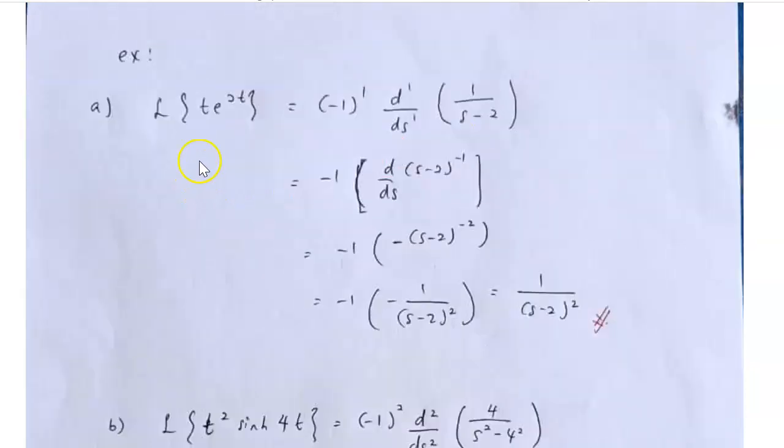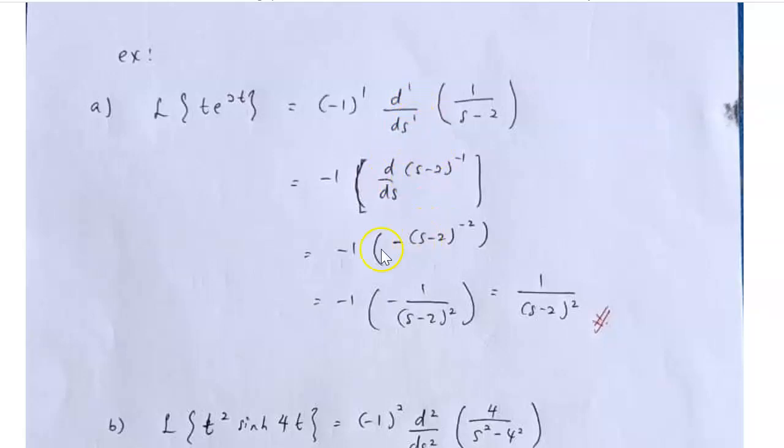Okay, example, Laplace of t e to the power of 2t. So negative 1 to the power of n, where n is 1, and t to the power of n is 1. So d^n over ds^n. Laplace of e to the power of 2t is 1 over s minus a, where your a is 2, so 1 over s minus 2. Because it is d over ds, we differentiate 1 time.